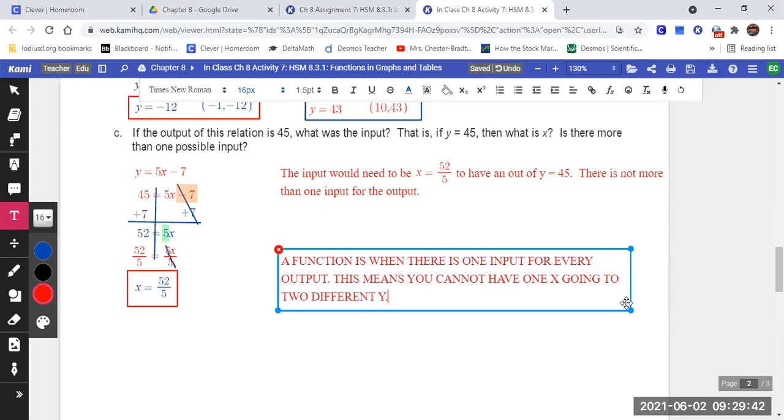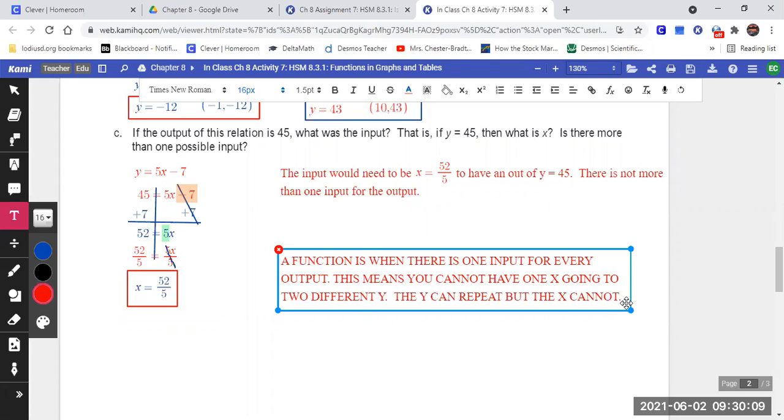So I couldn't have 52 over 5 going to another different y. Okay, I can only have one x going to one y. Now, can the y repeat? Yes. The y can repeat, but the x cannot.